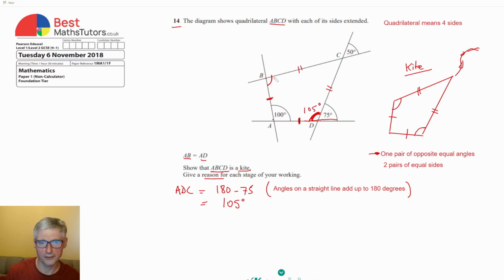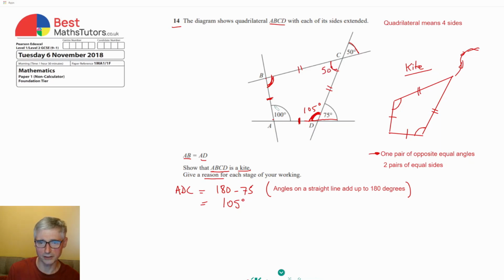So we need to find this one. Now we can't find it straight away, but what we can do is find all the other angles within the quadrilateral first of all, because we can find this one. And we know that when we've got a cross situation there, whatever angle this is, this one is going to be equal, and that's going to be 50 degrees.